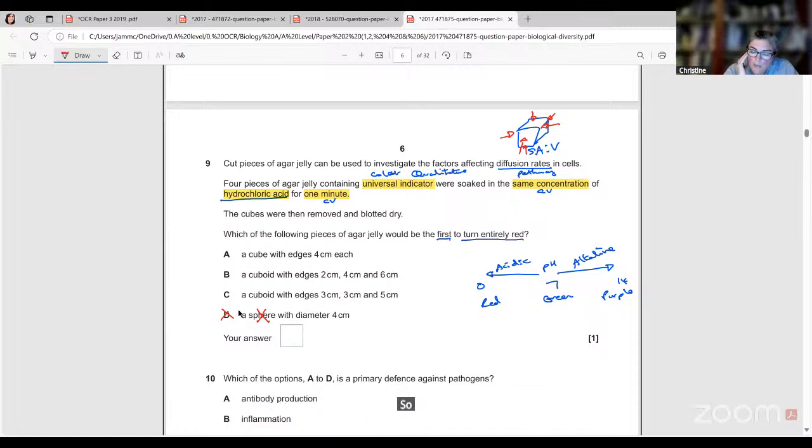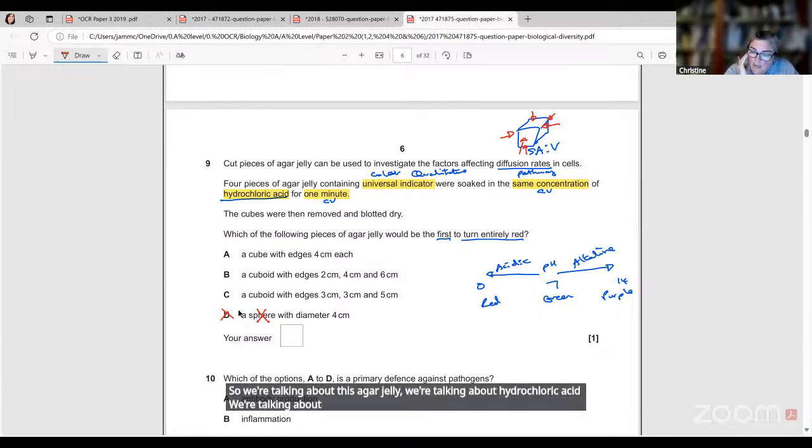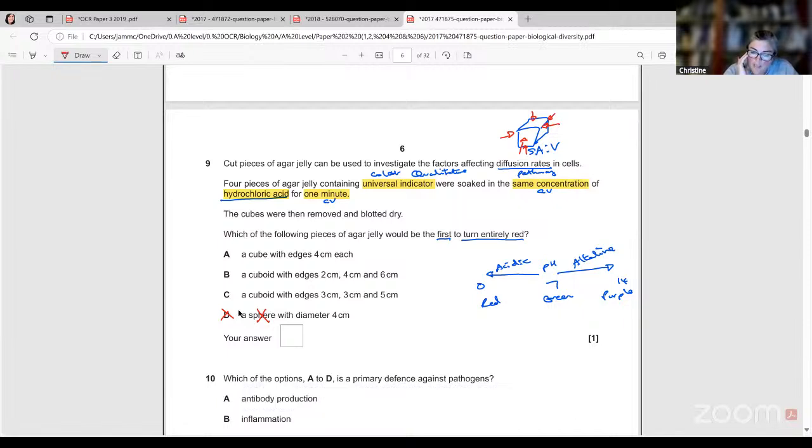So we're talking about this agar jelly, we're talking about hydrochloric acid, and how it's going to get in. It's going to diffuse at different rates due to the way it's interacting with the hydrochloric acid. So I've got to think this one through.